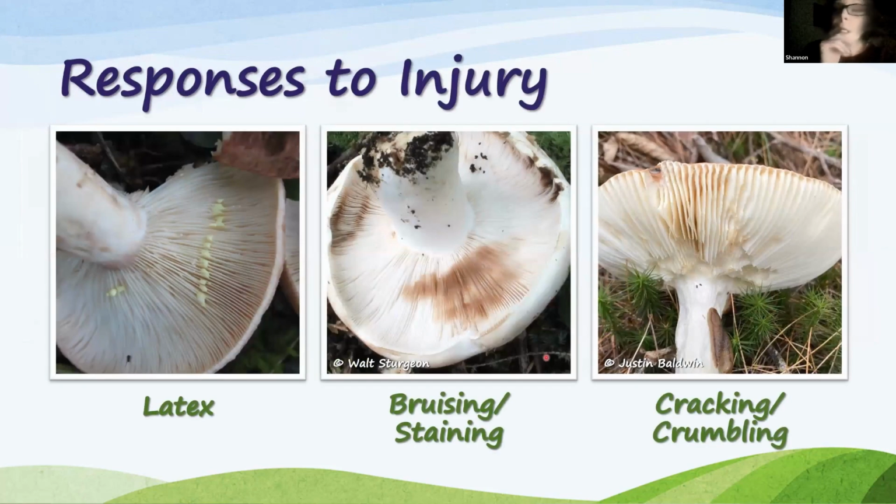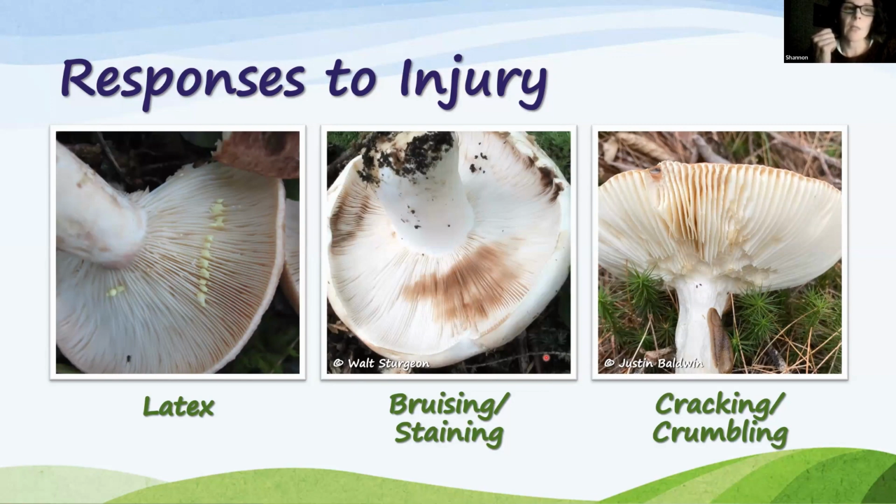And of course, just like I've mentioned with the cap surfaces, responses to injury are certainly something to be noted with respect to the gill surfaces, particularly when it comes to your milk mushrooms, the members of genus Lactarius and Lactifluus.